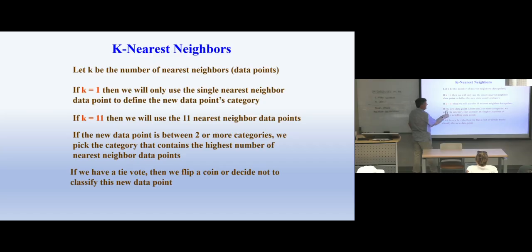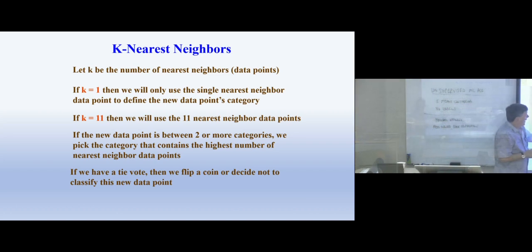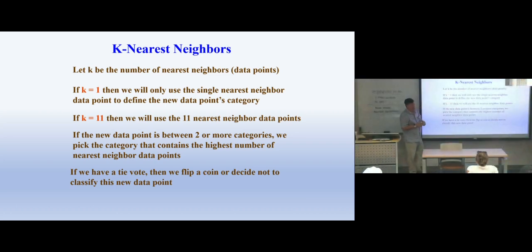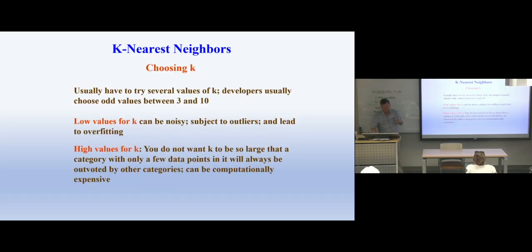Now, I want to pick the 11 nearest data points, and I count them up. If I've got 6 in one category and 5 in the other, I go with the 6. If it's a tie, congratulations. Don't pick even numbers here. Pick 1, 3, 5, 7, and so forth.